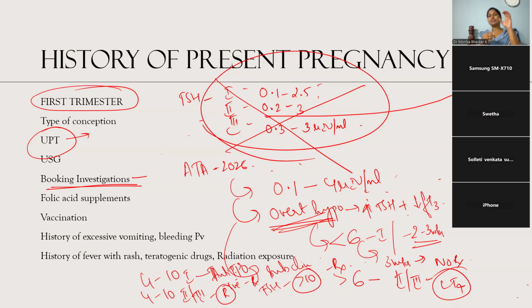So midstream urine should be collected in a clean catch container, and then this has to be cultured. And if the culture is positive with more than 10 to the power 5 colony forming units of a single organism, then you consider that there is asymptomatic bacteriuria, and the risk of development of pyelonephritis or preterm labor or PROM or PPROM is very high with asymptomatic bacteriuria. That's why it has to be diagnosed and it has to be treated.